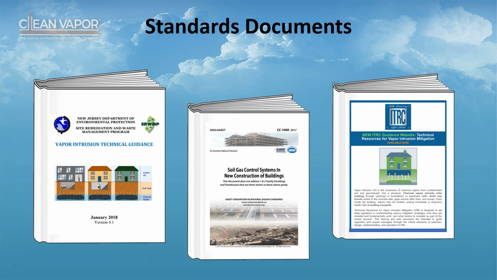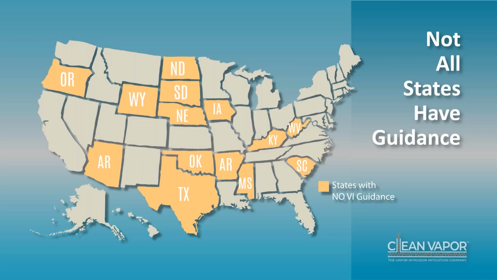So you have to figure out what referenceable standard you're going to work with, and then usually have a conversation with your regulator, saying, I am designing to this, or put a footnote down, designed according to this standard. There are 16 states out there that don't have any regulation at all.